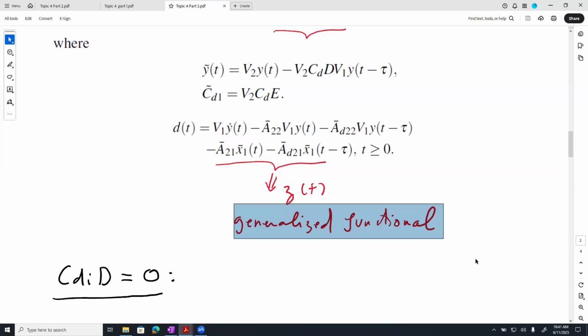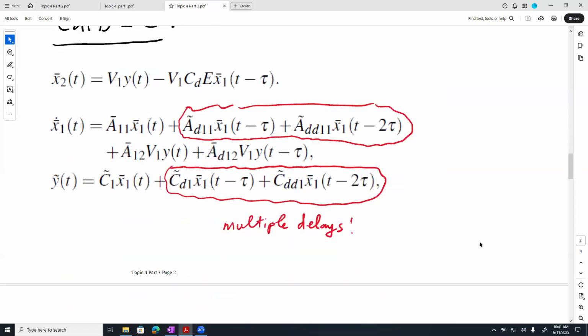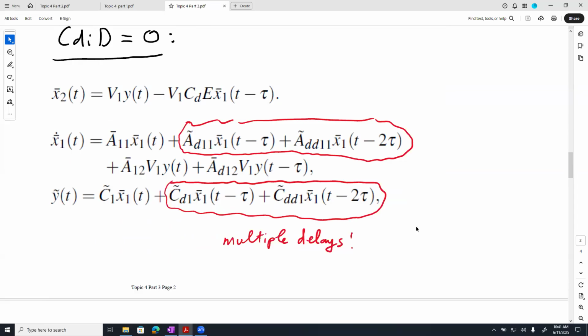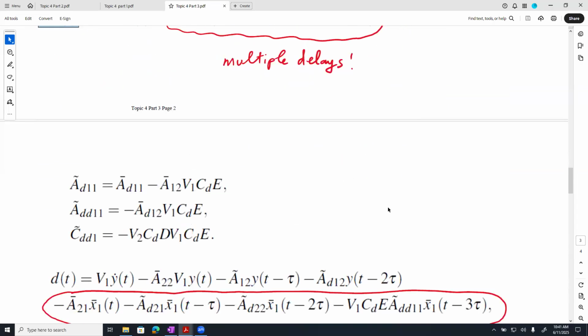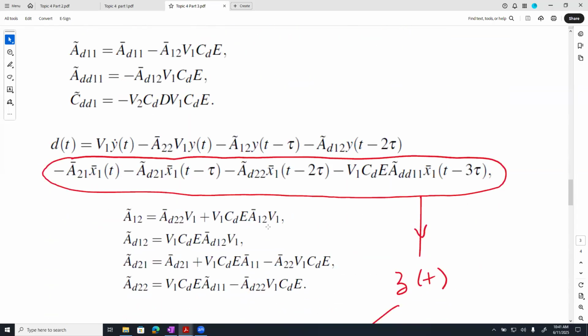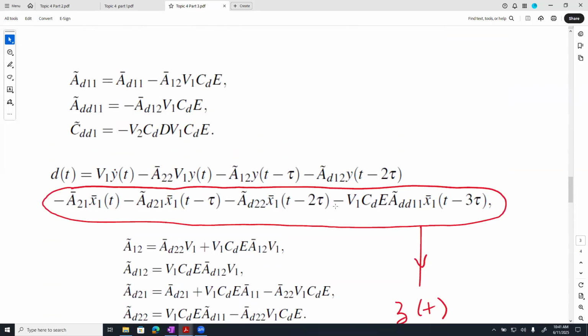We will get generalized functional. We will get the reduced order time delay system. Sometimes it might contain multiple delay terms in the output measurement. And also the realization of the unknown input also results in generalized functionals.